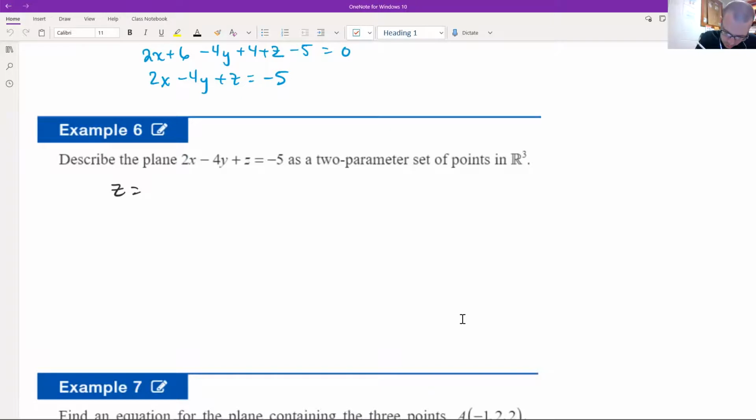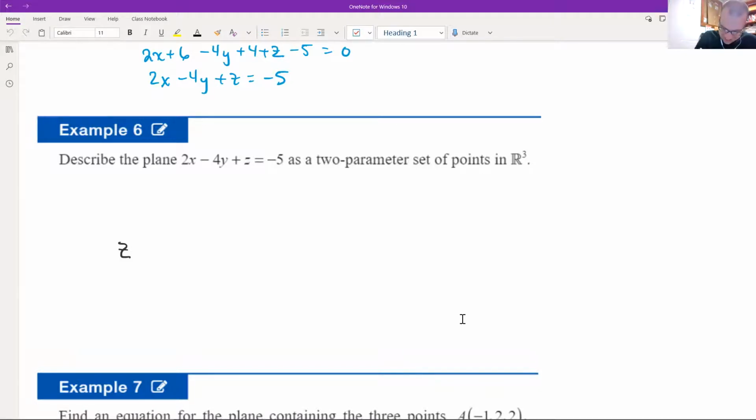Z would be equal to minus 2x. And actually, let me leave some room. Z would be equal to 2x minus 4y. Nope, plus 4y. I'm subtracting things over to the right-hand side, so they're going to change sign.